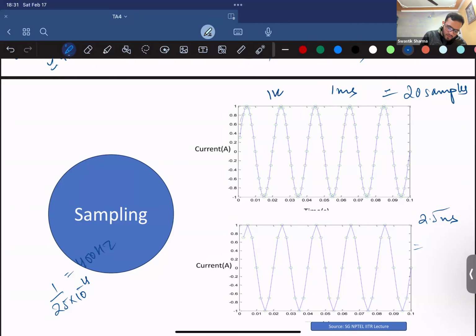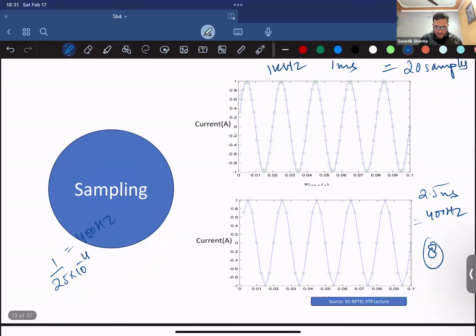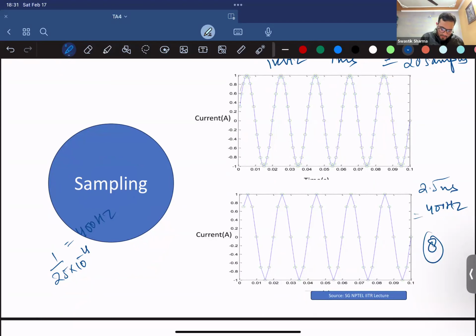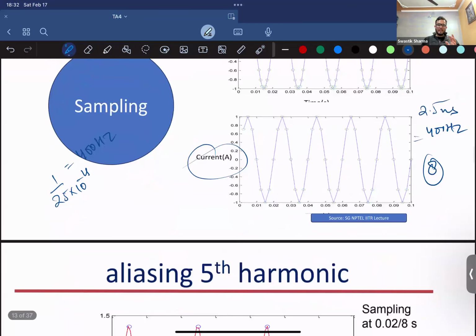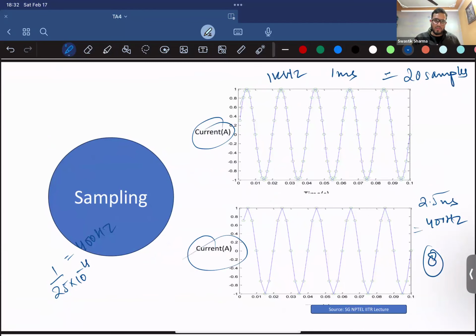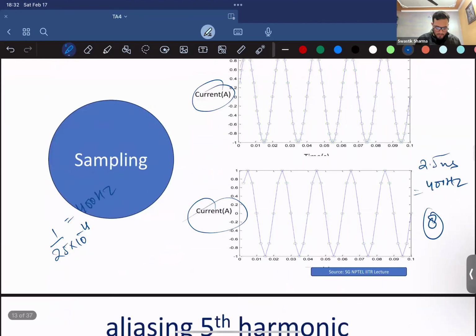So here you are sampling at 1 kilohertz, and here at 400 hertz. The number of samples here will be 8, and here it is 20. You can see that with fewer samples the shape of the current signal is distorted in this diagram, while here it's completely reproducible with the samples taken at 1 millisecond intervals. So sampling affects how the signals look in real time.